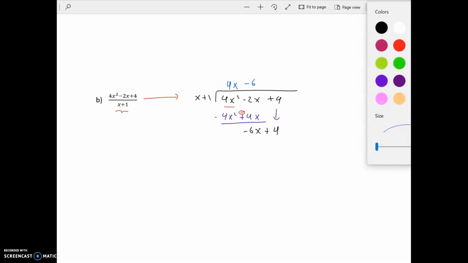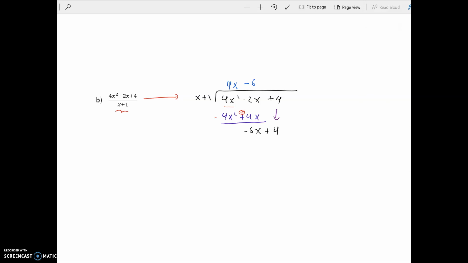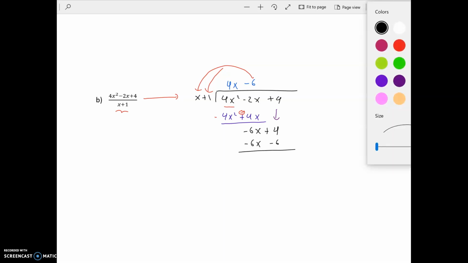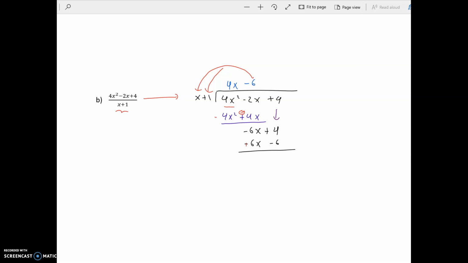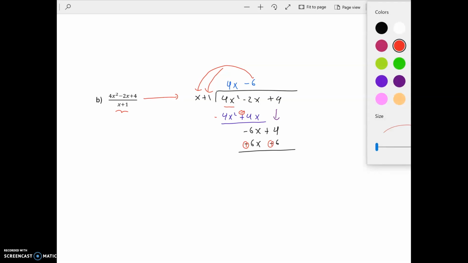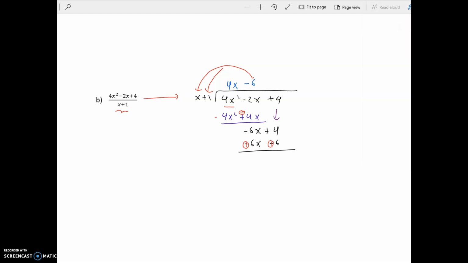But once you find which value matches the negative 6x, this negative 6, it's going to multiply those two. And now we're looking at x times negative 6, negative 6x, and 1 times negative 6 is going to be a minus 6. And remember that at this point, we have to switch the signs. This is going to be a positive, and that's going to be a positive too. So the x's cancel. This is now plus 6 plus 4. That's going to be a 10.